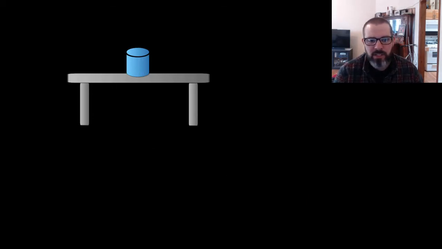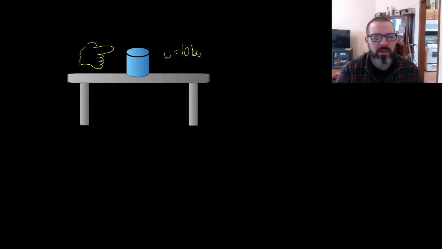To contrast this, we have addition. So let's again say the can has a weight equal to 10 pounds. But let's say I come in here and I use my finger and I push the can sideways with a force of 5 pounds.